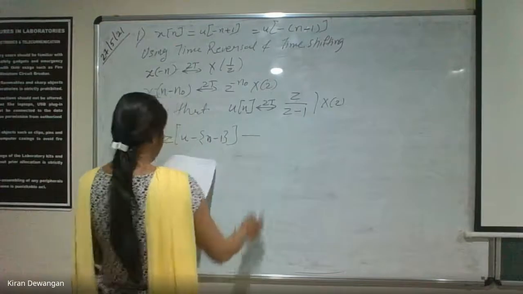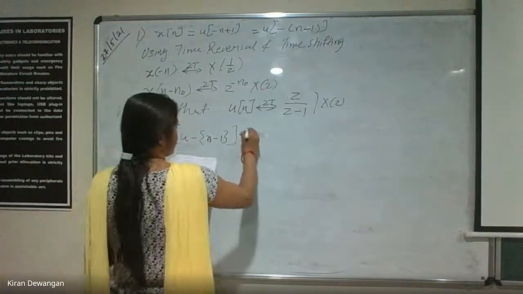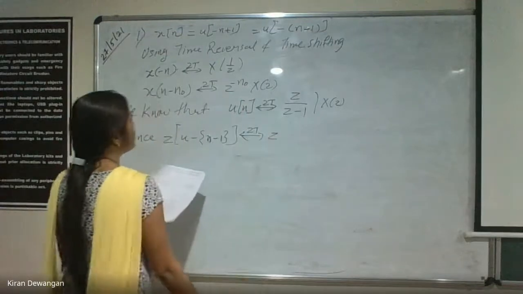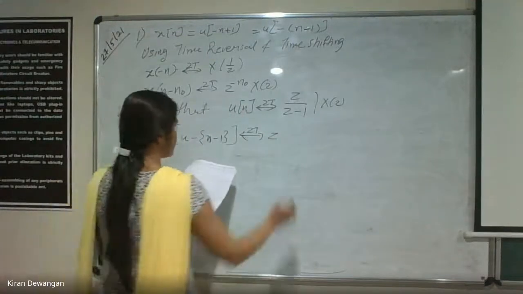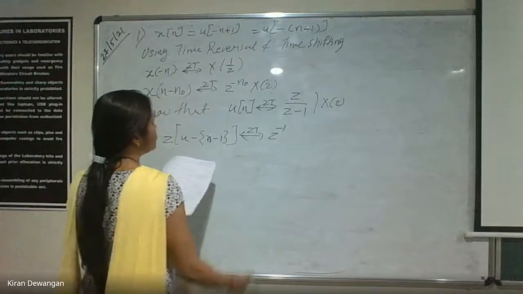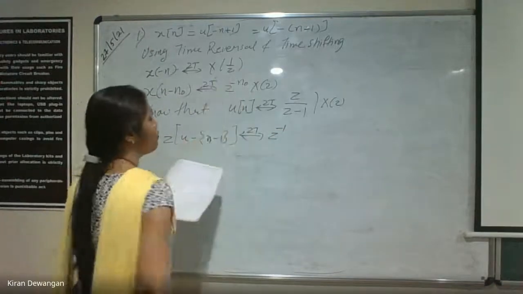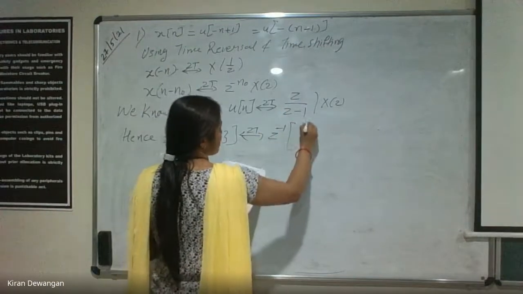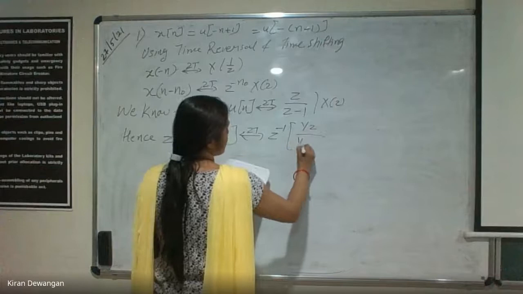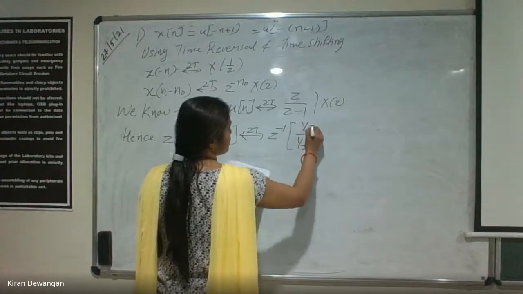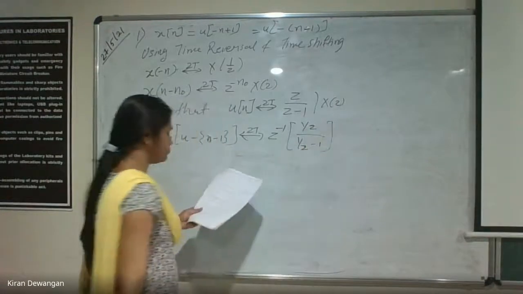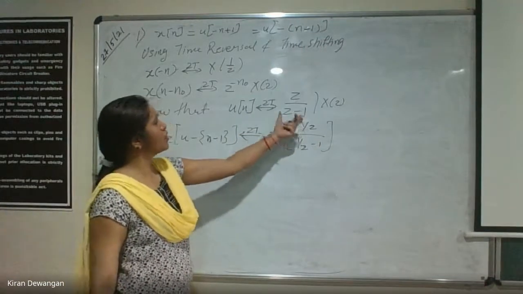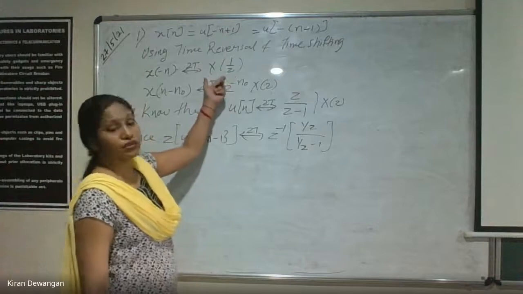That means it will have z transform, if this is getting multiplied, z to the power minus n naught, मतलब z to the power minus 1 into x of z जो है वो x of 1 by z हो जाएगा. Now this is my x of z. This becomes 1 by z minus 1. ठीक है, so this is going to be multiplied, and now since this is my x of z, x of z is replaced by x of 1 by z.